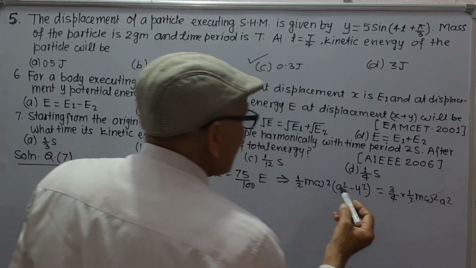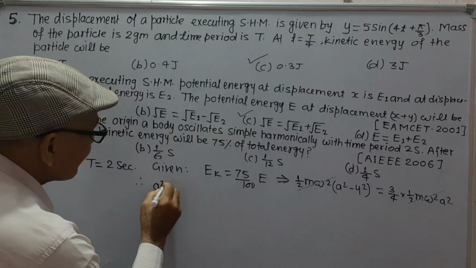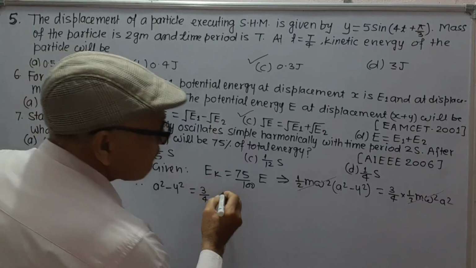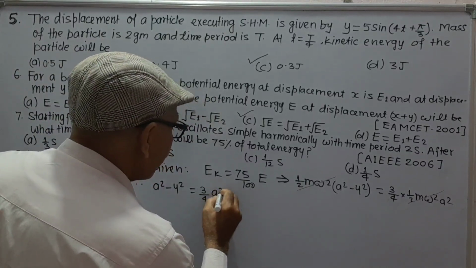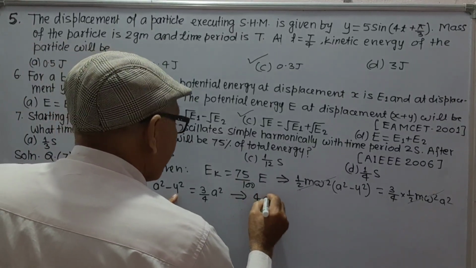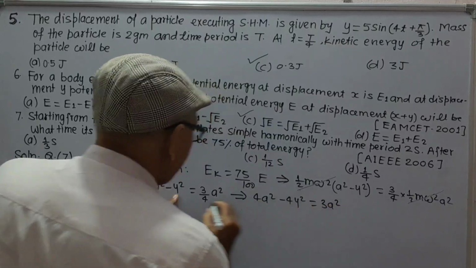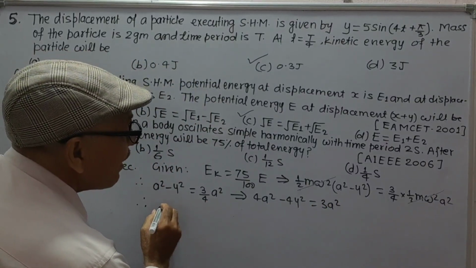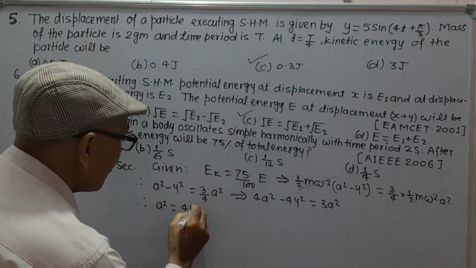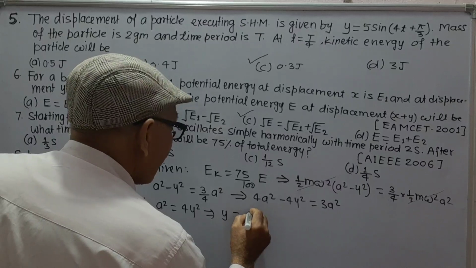So 1 by 2 m omega square cancels out and we get a square minus y square is equal to 3 by 4 A square, which gives 4a square minus 4y square is equal to 3a square, or a square will be equal to 4y square, which gives y as a upon 2.